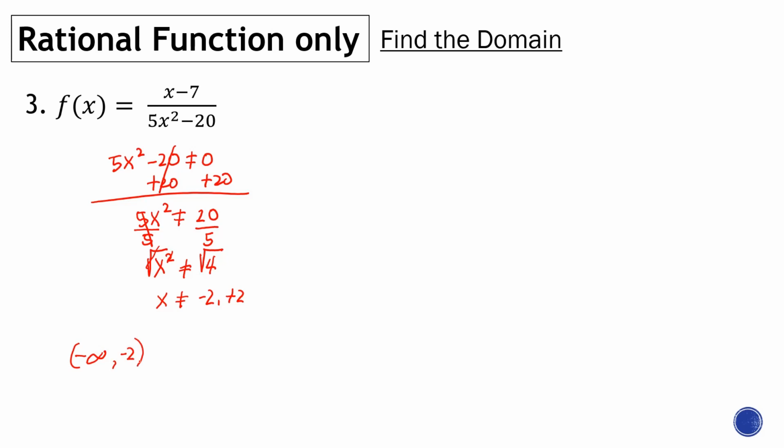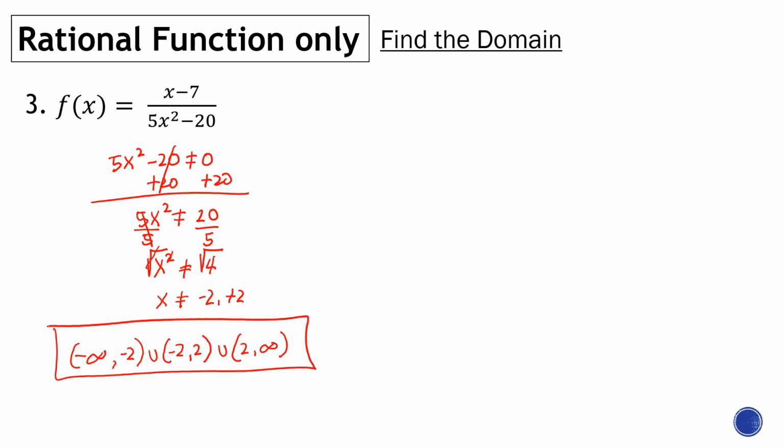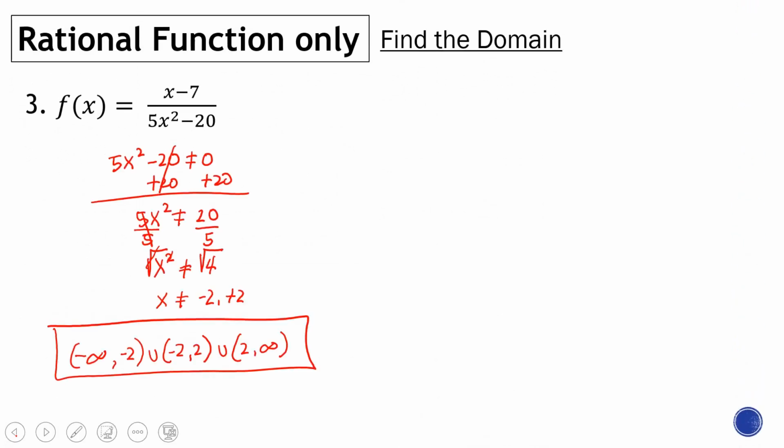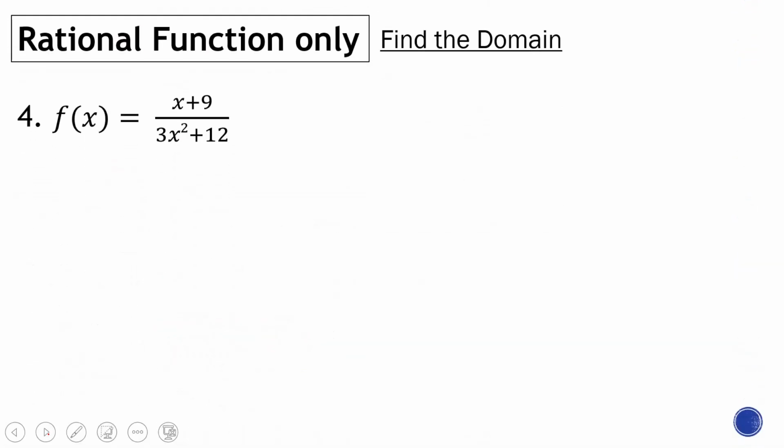Again, we use the parenthesis, union of negative 2 to positive 2, union of positive 2 to positive infinity. Next, let's go to the third example, or the fourth one. This is the third, so let's go to the fourth one.